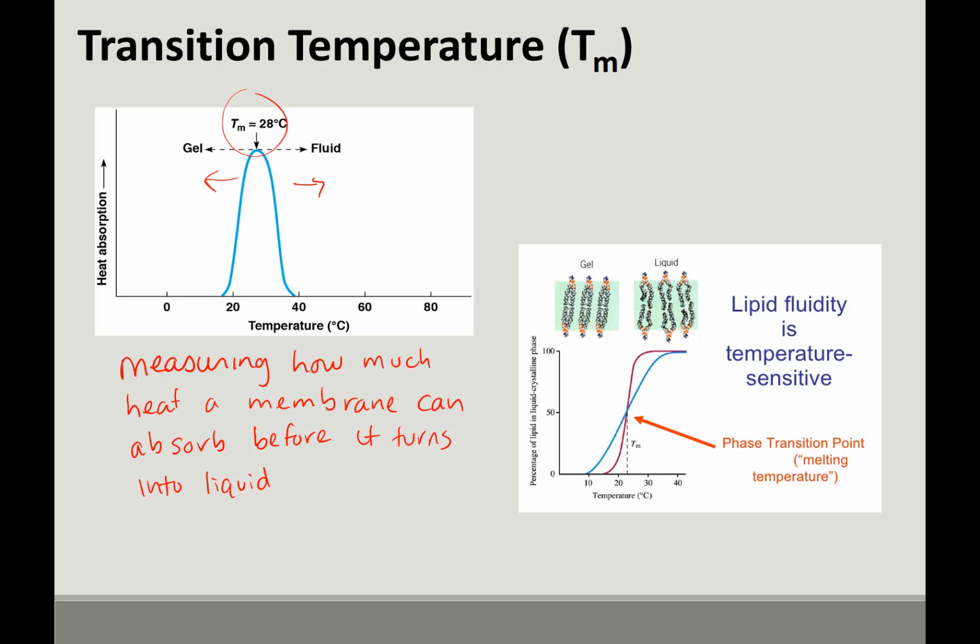But if you heat your Jell-O up too much, then it's going to turn to a liquid mess. Right? So we don't want our membranes to be a liquid mess, and we don't want them to be so tight that things can't move. So we want them at this nice fluid mosaic model temperature. And this is just trying to show you in a different graph this phase transition, which is happening at the TM.